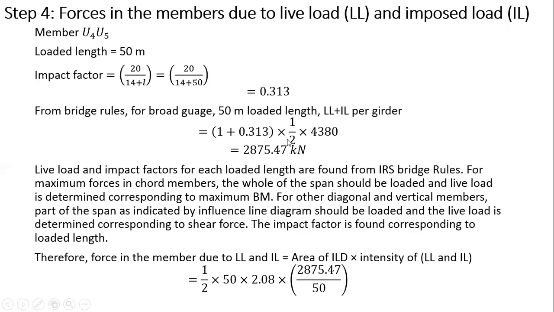This is my total load divided by the span of the bridge, so I get a UDL type of thing here. This is your intensity of the load in kilonewton per meter. So this comes out to be this value. This is your compression.